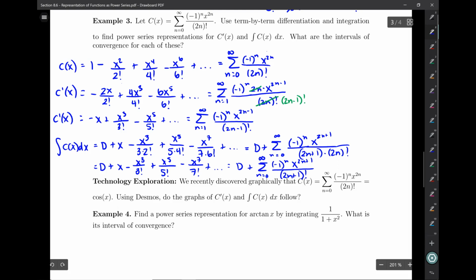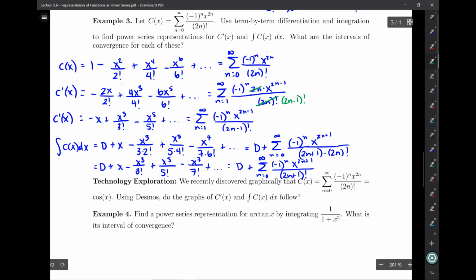Now notice that this derivative and this integral are really similar to each other, aren't they? This is the derivative, and then this is the integral. And notice that they have the same terms, right? X cubed over 3 factorial, etc. But what's different is that in this one, the x cubed over 3 factorial is being added, and here it's being subtracted.